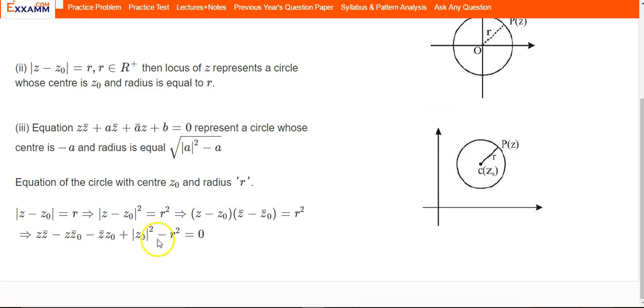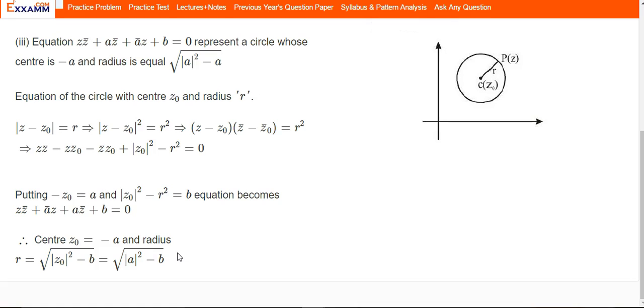When we compare this equation with the earlier equation, what do we get? That minus z0 bar is nothing but a. So the center becomes minus a, since z0 was our center, and modulus of z0 square minus r square is equal to b here. So r is the square root of modulus of z0 square minus b.